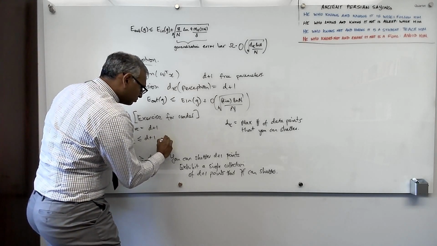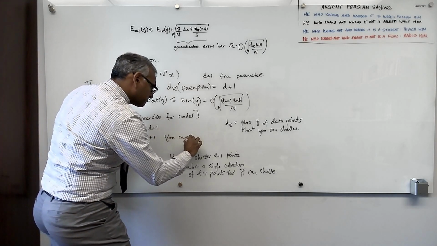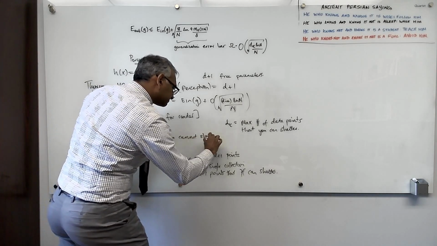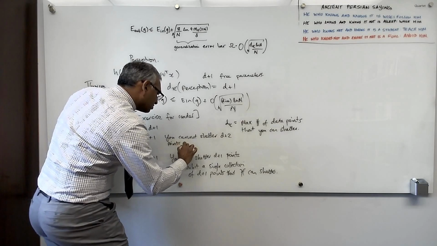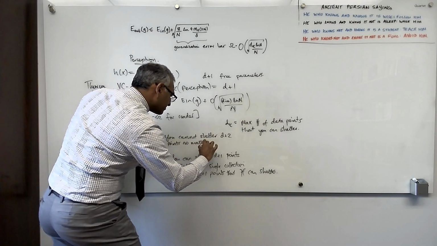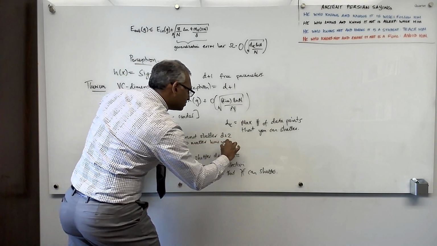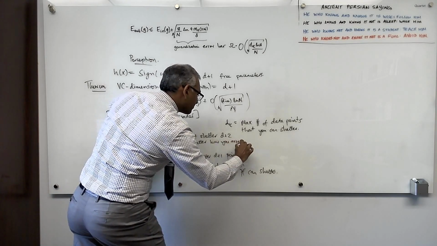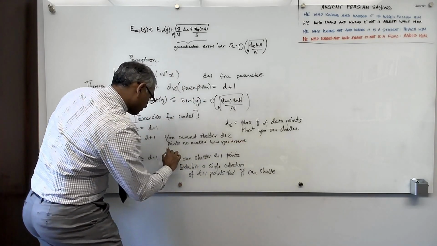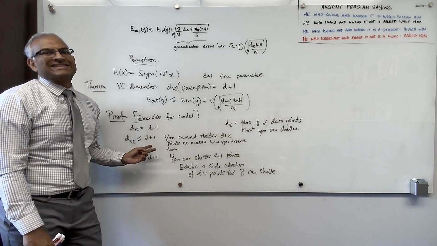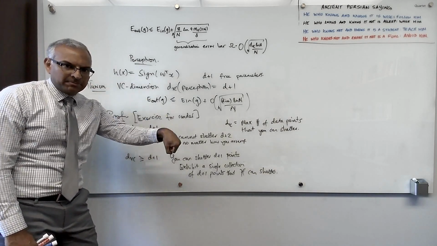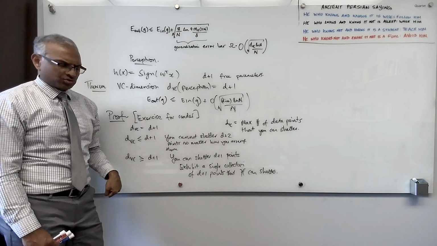So, you cannot shatter d plus 2 points no matter how you arrange them. Okay, that's what it means. And so in order to show this, this is tough. You're going to have to dig deep into your linear algebra vault to show this.